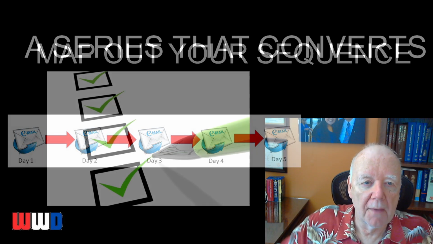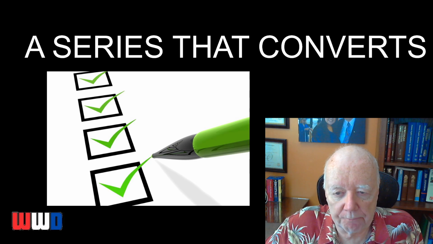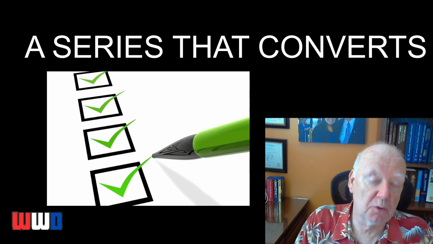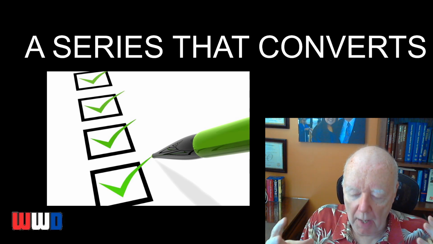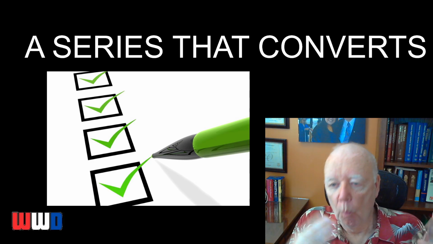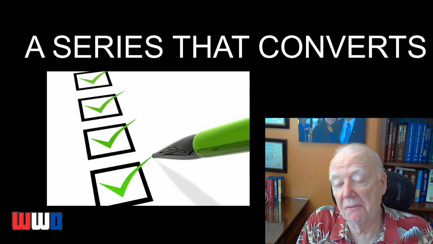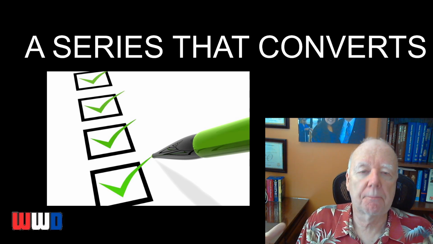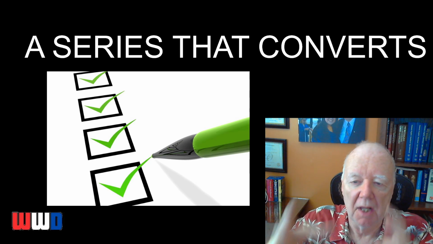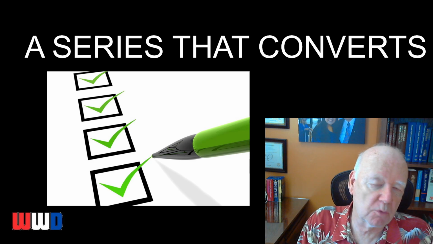So what's the next thing? Well, the next thing is you want to write a series that converts. And the way you would do that, when you're writing your emails to your specific list, is to identify or talk to the biggest struggle that those individuals on your list may be facing, or perhaps write to the interests of those individuals on your list.